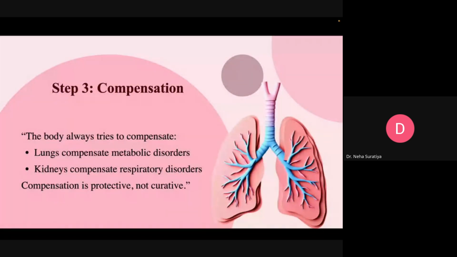So it will be deep, rapid breathing seen in diabetic ketoacidosis. So next time if you see a patient with diabetic ketoacidosis, try to correlate it with the lung pattern. You will always have deep, rapid breathing seen in DKA cases, right?